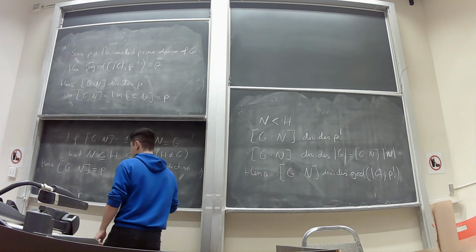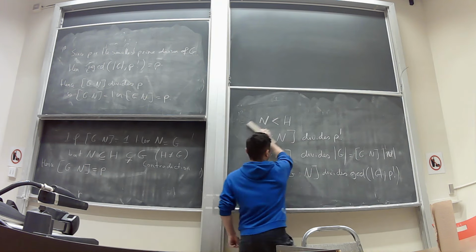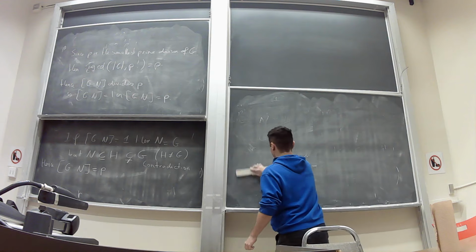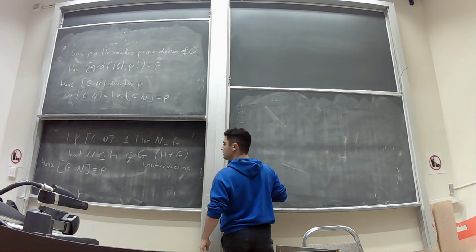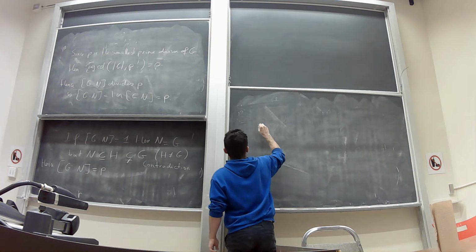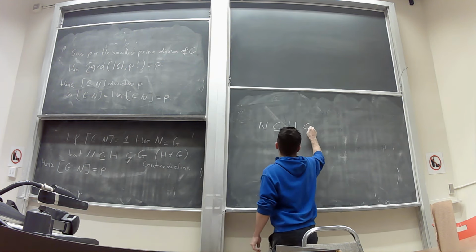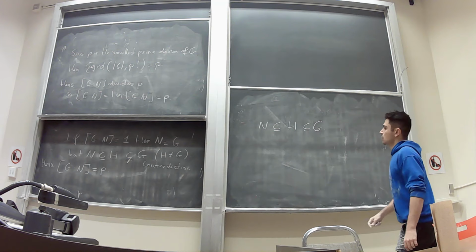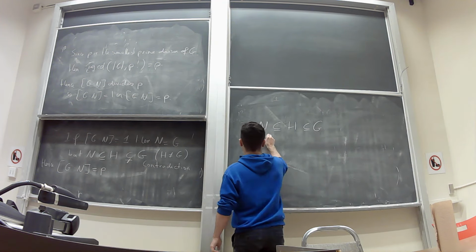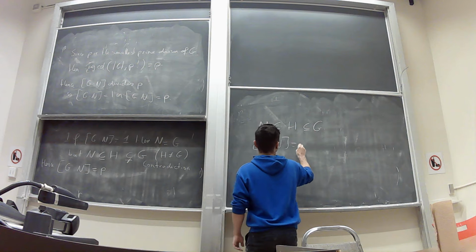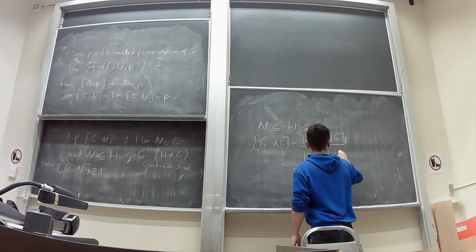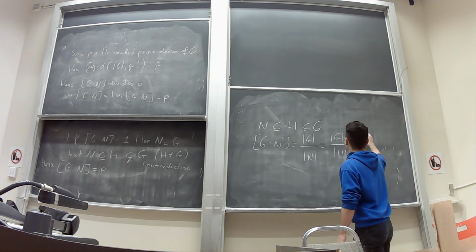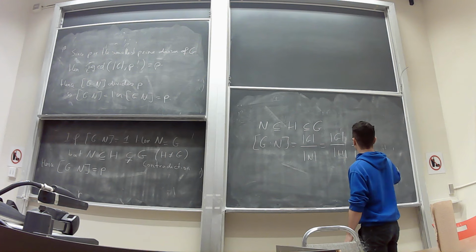Now, if the index of N in G is P, and N is contained in H is contained in G. I'm working with finite groups here, so this doesn't matter.